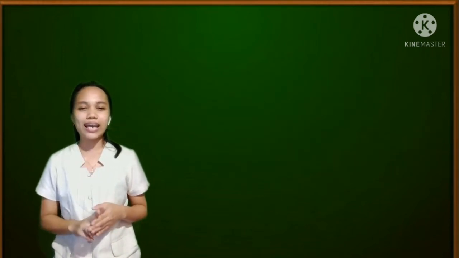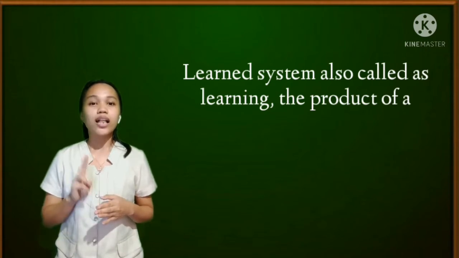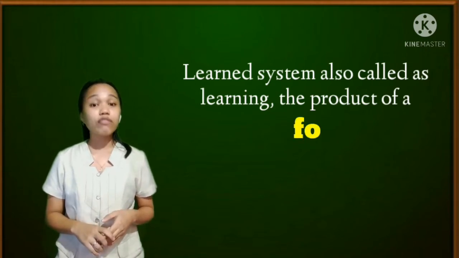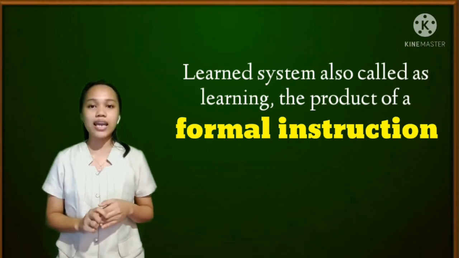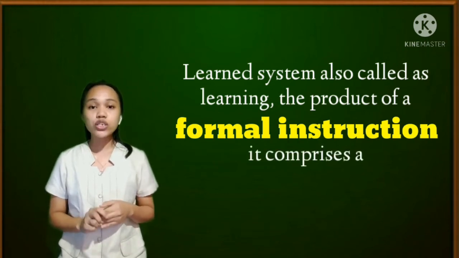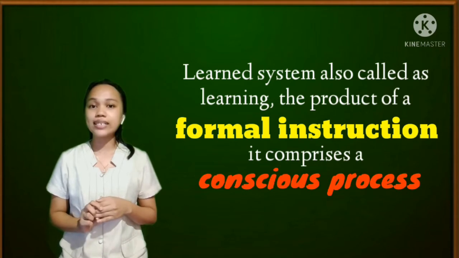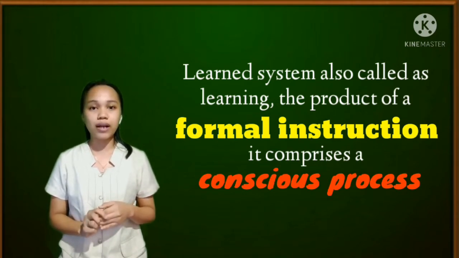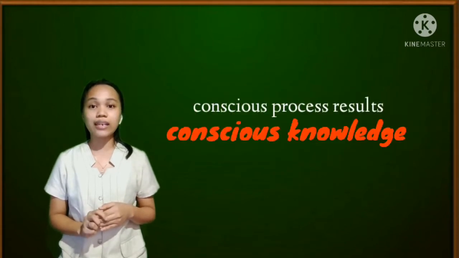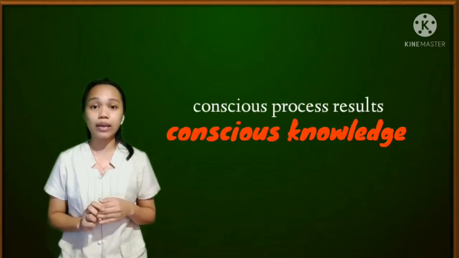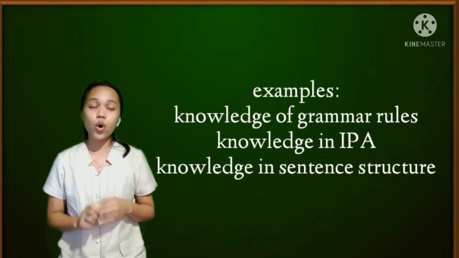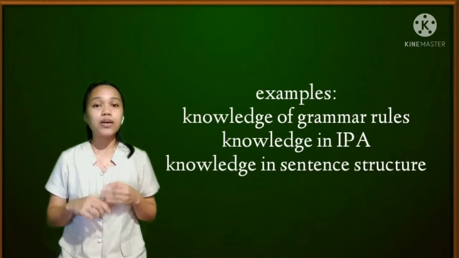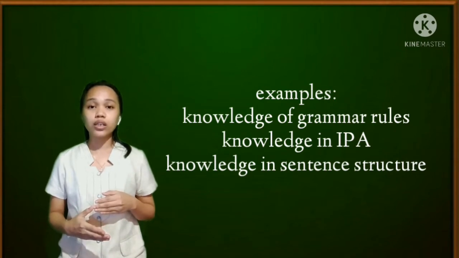And the second one is the learning system, or learning, as the product of formal instruction. Take note of that. Formal instruction, and it comprises a conscious process, unlike the acquired system, which is subconscious. This one is a conscious process, which results in conscious knowledge about the language. For example, knowledge of grammar rules, or the knowledge that we've learned in school.